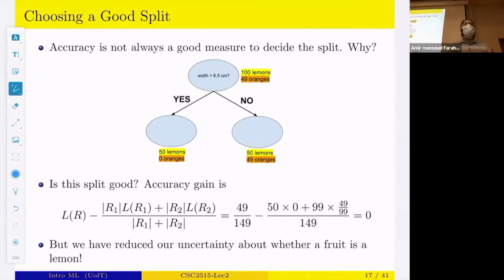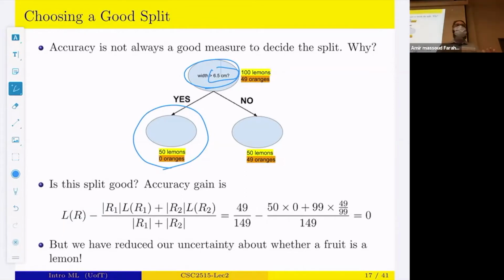But I argued that this is one criteria, but it may not be the best or the most intuitive one, because here we have this split, where we do this decision and then split based on the width and this threshold, and we get to a region where we are very certain about the true label.